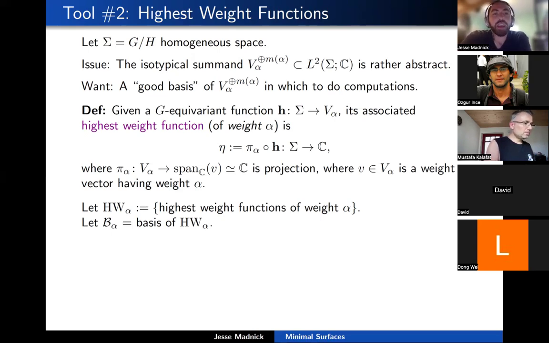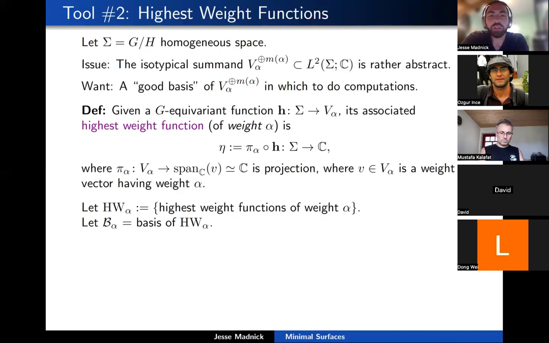Suppose you have a G equivariant vector valued function on sigma, valued in some irreducible representation V sub alpha, and I'm going to call it H. Associated to this G equivariant function H, we can build an associated C valued function called the highest weight function of weight alpha.